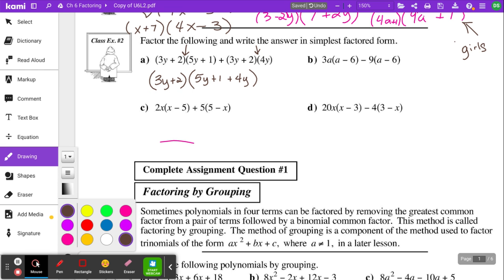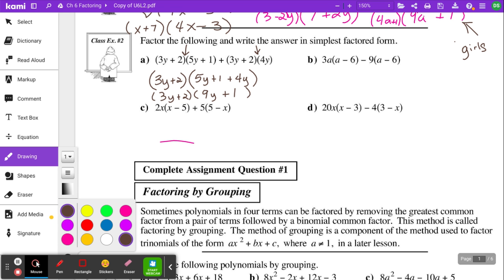So this will become 3y plus 2, but this bracket, I will put together anything that can be combined in the same bracket. So the 5y and the 4y can become 9y plus 1. Okay? Now, if you didn't know you were right, you can multiply out the bottom line, and then you could do the multiplication and addition in the top line, and you should end up with the same thing. Get it?